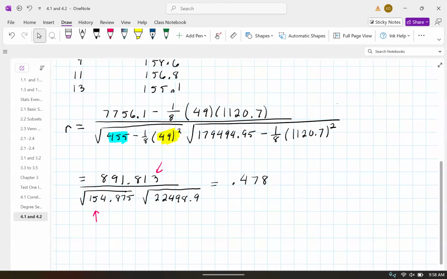So I got 0.478. Let me double check. Yeah, and that's that number. Okay, oh yeah, that's that number again.